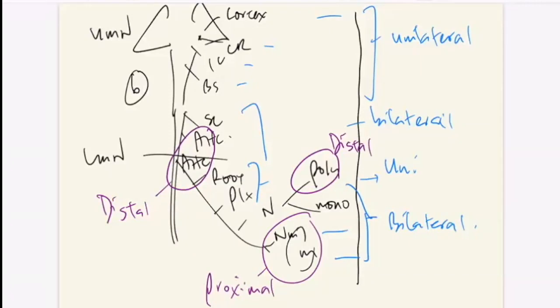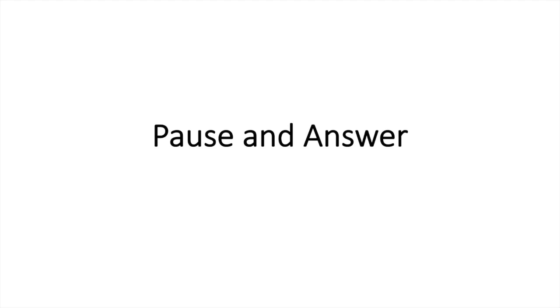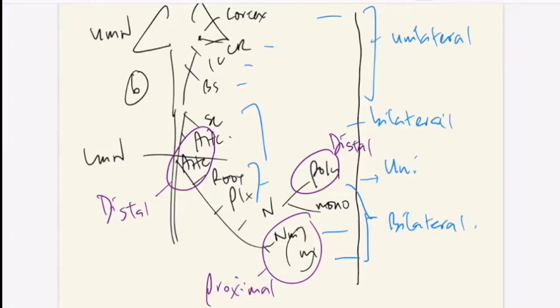So technically, this is a philosophical question now. Do you know why myasthenia and muscle disease are more proximal? Can anyone answer this philosophical question? Bigger muscle bulk. Yeah.